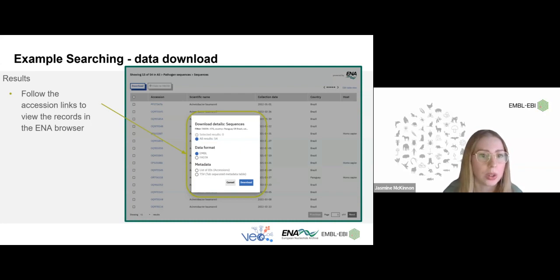So you can also follow the accession links to view the results in the ENA browser. And that might help because only the sequence data type is downloadable directly from the Pathogens Portal at the moment, and you would need to find another way to download the raw read data, the assembly data, or the analysis data.